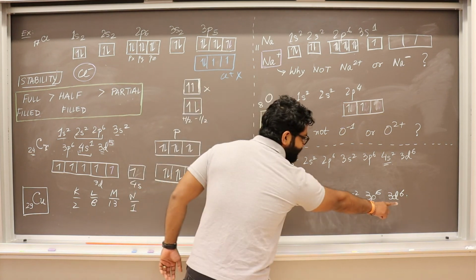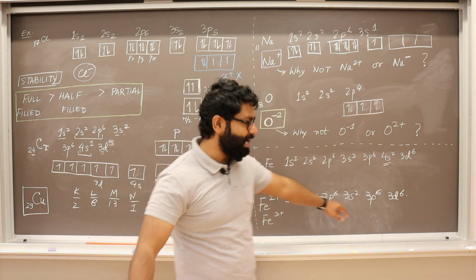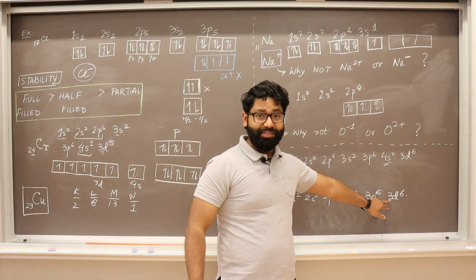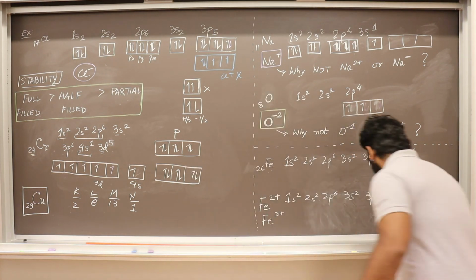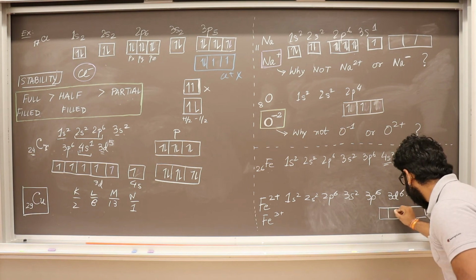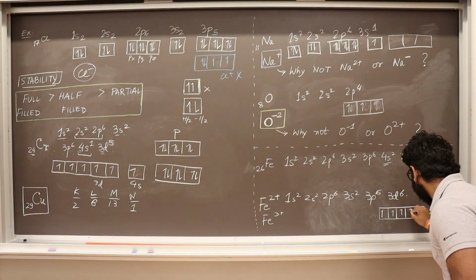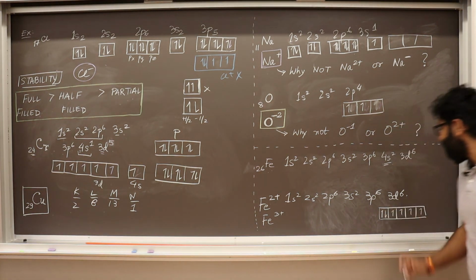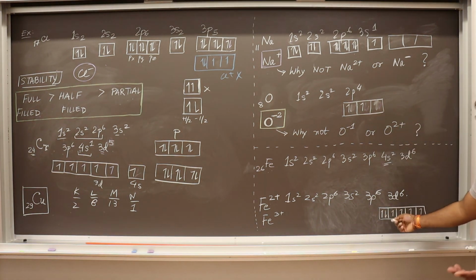In here you see that the 3d which is now left is partially filled, right? So if we try and draw this, you have 6 electrons in the outermost. Now this wants to be stable. How will it become stable? This partially filled needs to go to a half filled, right?